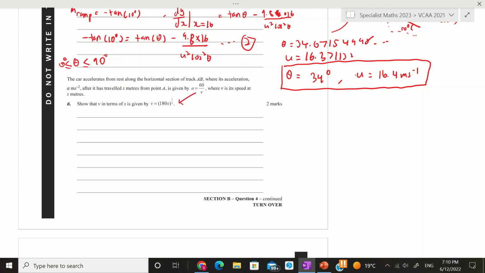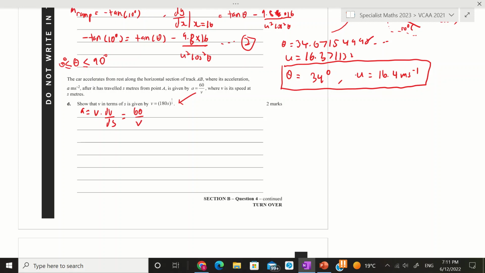How do we do that? Well, with our variable acceleration formulas, we can write our acceleration as v times dv on ds. So this is one of our variable acceleration formulas. So we can write that a, v dv on ds, is equal to 60 on v.